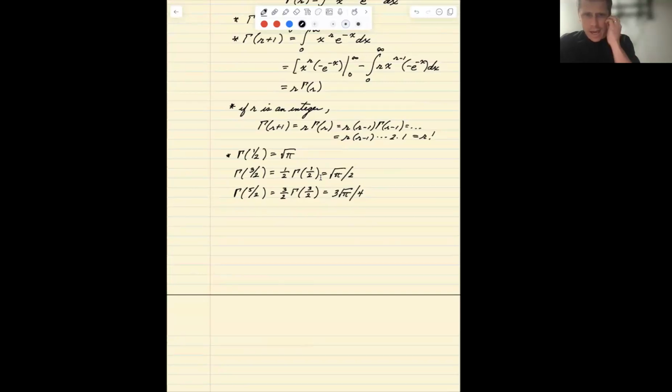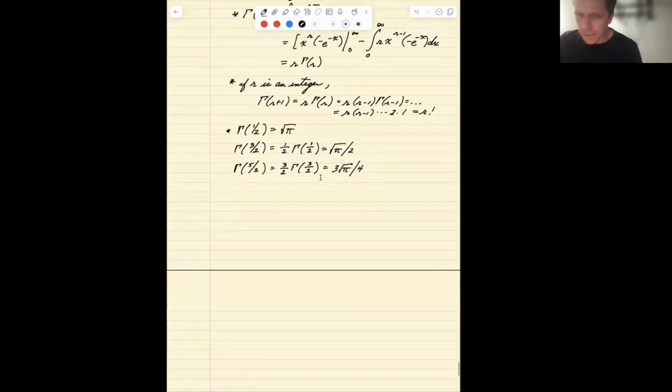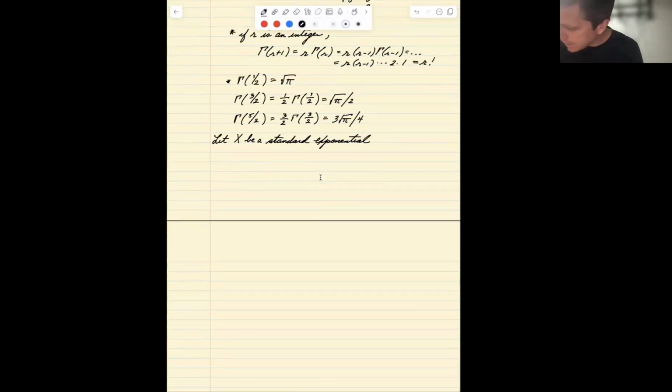Okay. And this is how we can calculate the moments of the exponential. If we let x be a standard exponential, then the expectation of x is the integral from 0 to infinity of x e to the minus x.